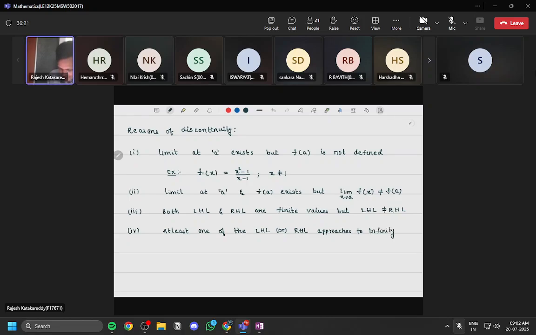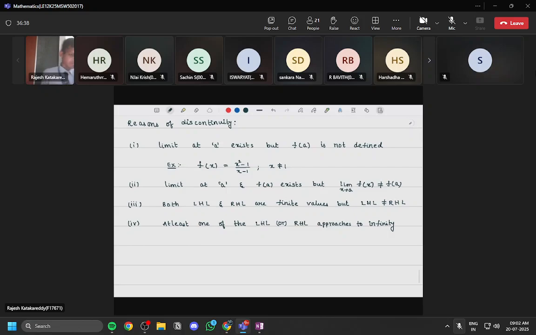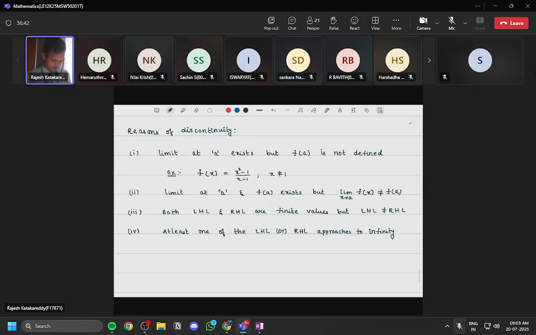This is another reason. So mainly we can say the limit exists but is not equal to the function value; the limit exists but the function value does not exist; and the limit does not exist. In the first two cases we can make it continuous. Right. Then next is types of discontinuity.